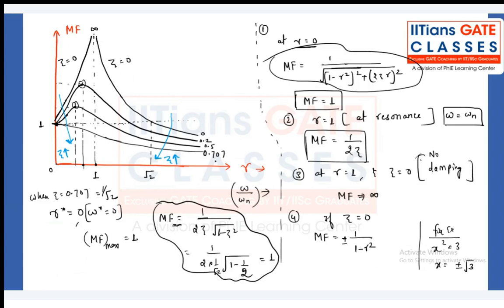But for zeta less than 0.707, that means for this graph, this graph, this graph, what you are observing is a peak, which is more than 1. That's why it is said that a maximum exists in the magnification factor.